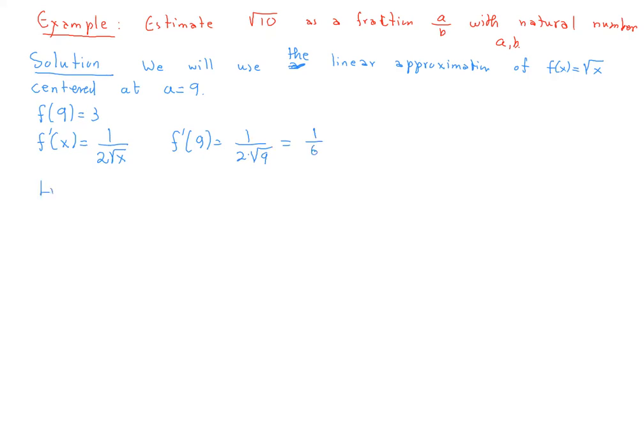So the linear approximation g of x is equal to f of 9 plus f prime of 9 times x minus 9, which is the same thing as 3 plus 1/6 times x minus 9.